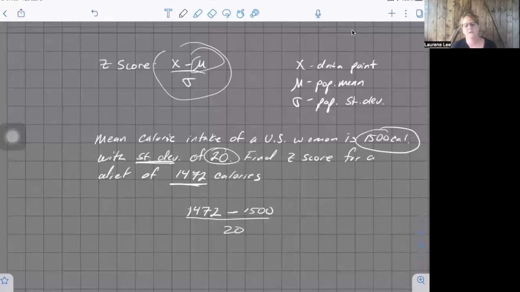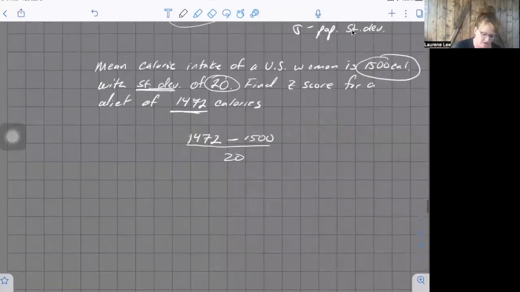Okay, now, when you are doing this calculation, when we do division with a long bar like this, there's a hiccup with the TIs. If you just type in 1472 minus 1,500 divided by 20, your calculator will only divide the 1,500 by 20.